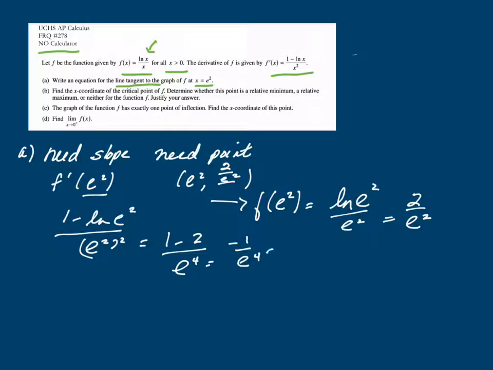So there's my slope. So my equation would be y minus 2 over e squared equals negative 1 over e to the fourth times x minus e squared.